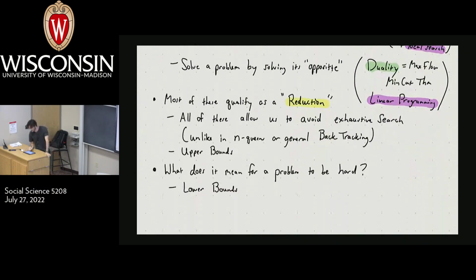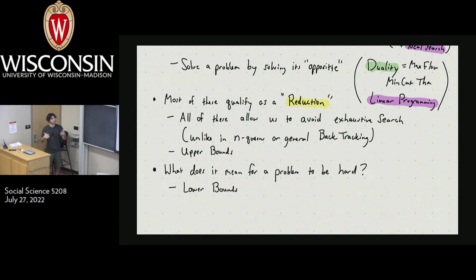In contrast, general backtracking is not like that. So in general backtracking, like in the n-queens problem, we had to search the entire game tree of possibilities. We weren't able to remove any of those possibilities because if we did, we risk messing up one of the queen's positions.